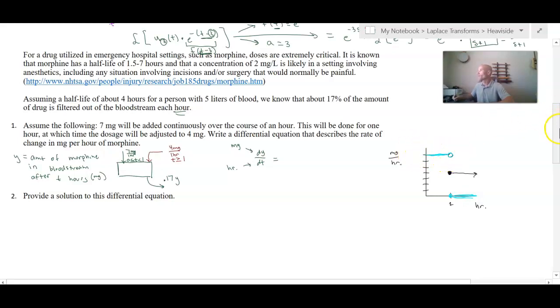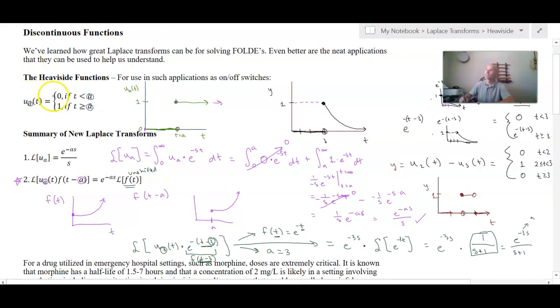Well, the Heaviside function, recall, takes on a signal of 0 until that time and then switches to a 1. Now, if I play a little bit of mathematics here and I take 1 minus u sub a of t, what would that look like? Well, up until time a, u sub a would be 0, and 1 minus 0 is 1. So if I do 1 minus 0, I'll get 1.